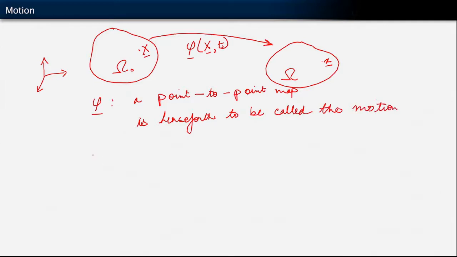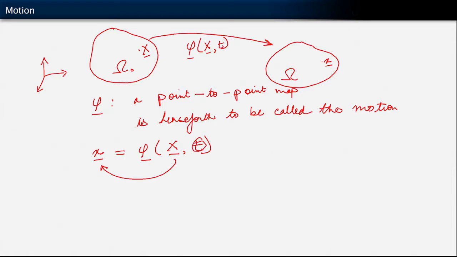Okay? And let me write this. It may seem like we are belaboring this point right now, but it's actually useful for later on if we describe this in as many ways as possible. Okay? little x equals phi of X comma t is our point-to-point map, right? It maps reference position capital X to current position little x at time t.